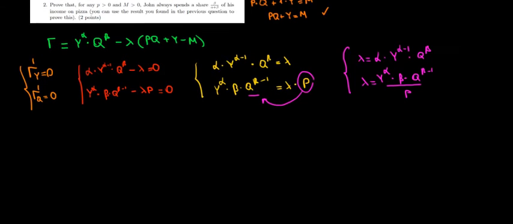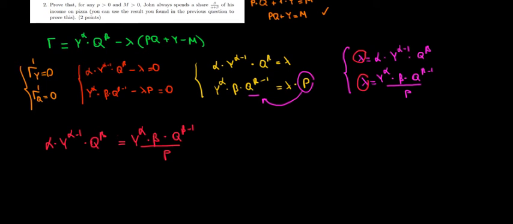So we have lambda and lambda. That's what we wanted, something similar so we can make them equal, which means that alpha times y to the power alpha minus 1 times q to the power beta, from the first equation, is equal to the second equation over here. That's y to the power alpha times beta times q to the power beta minus 1, divided by p.